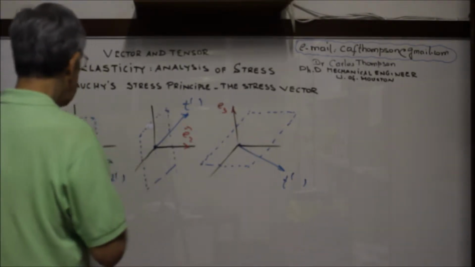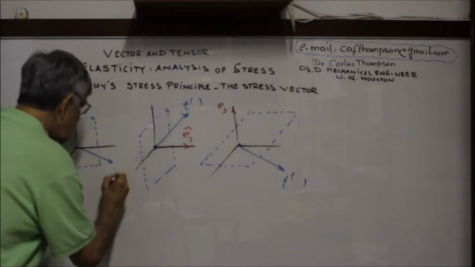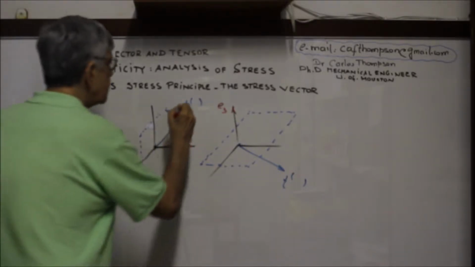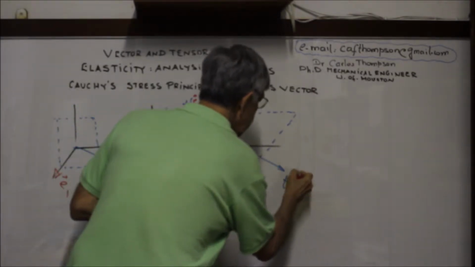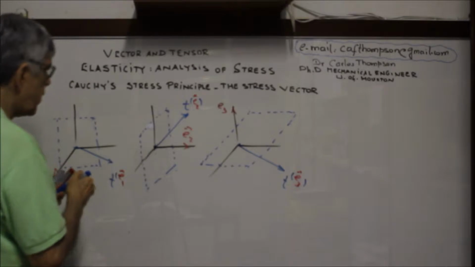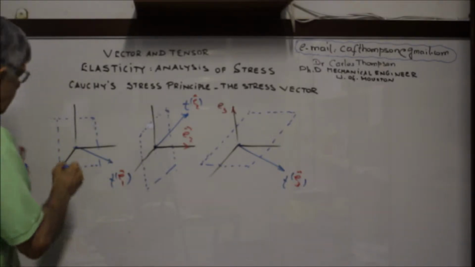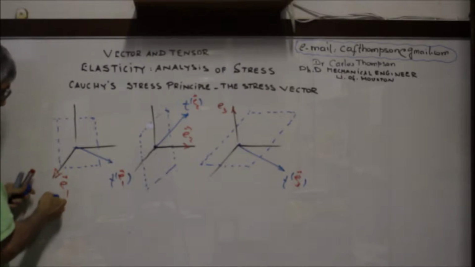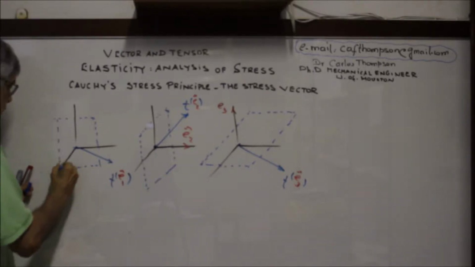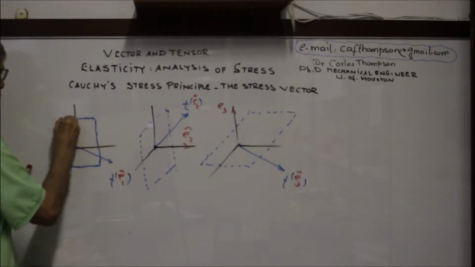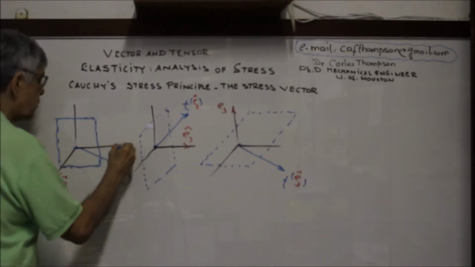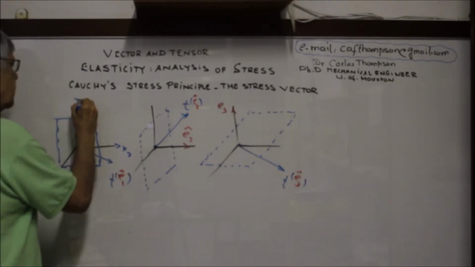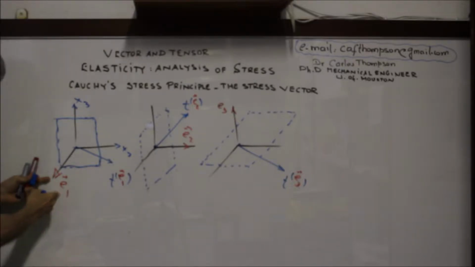Let's put E1 here, this is E2, and this is E3. The normal E1 is a normal vector to this surface over here. This surface lies in the x2, x3 plane, in which E1 is perpendicular to the surface.